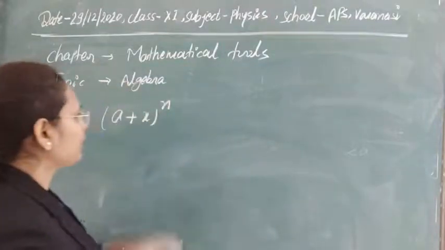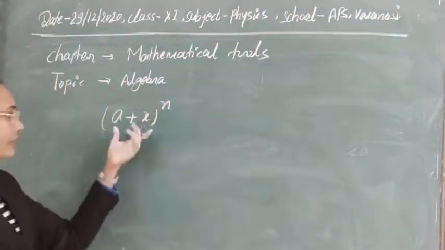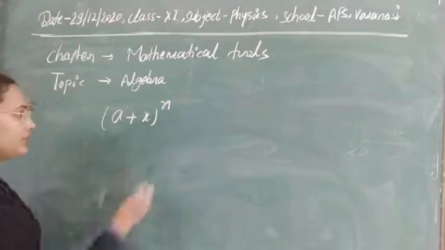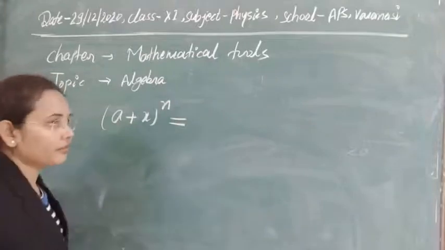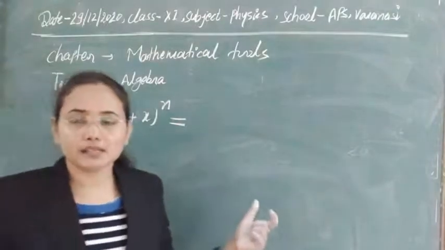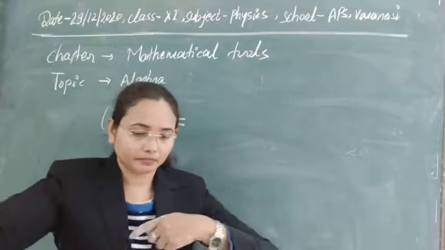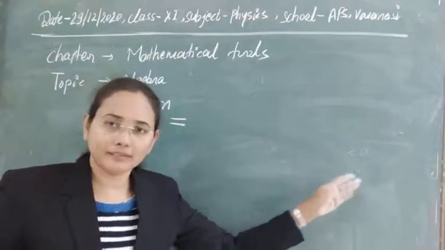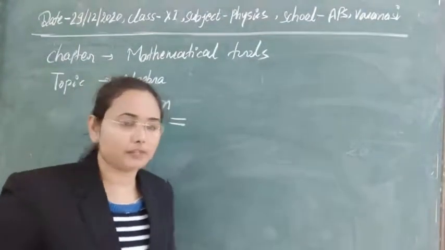The binomial theorem says that whenever we have such a power series, (a plus x) power n, we can expand it with the help of combinations. See the formula first, and after that I will tell you how to expand it.